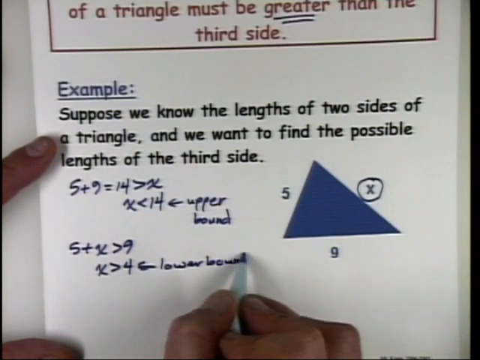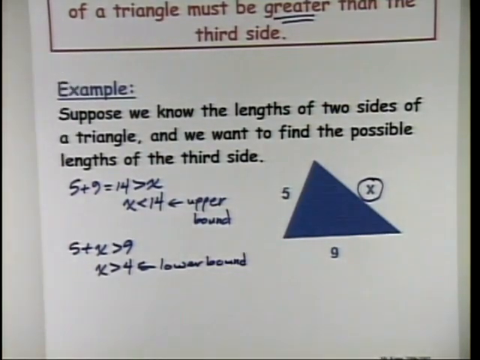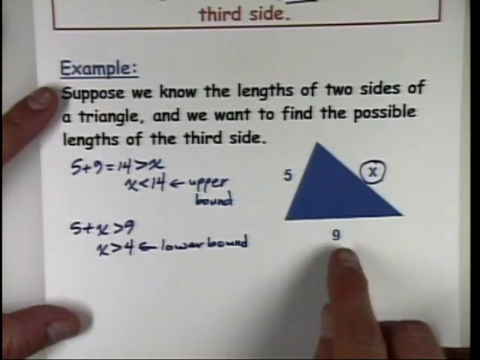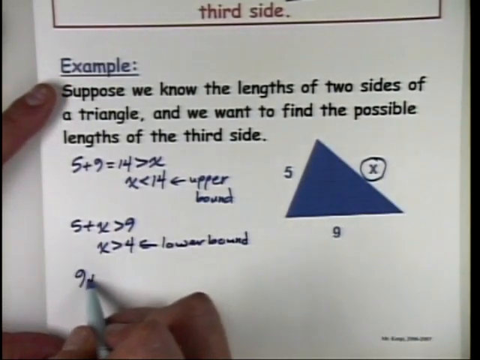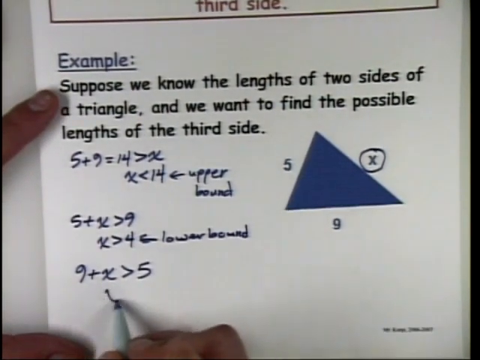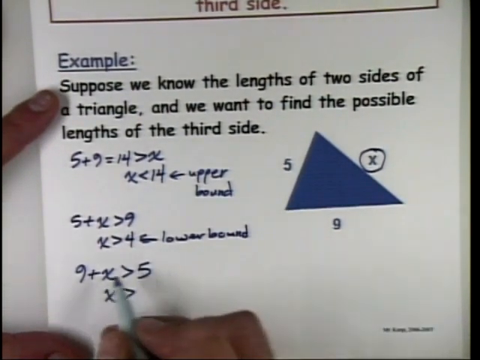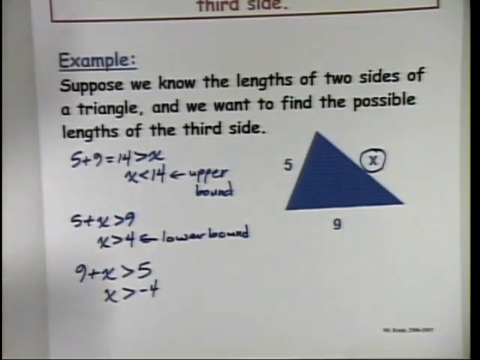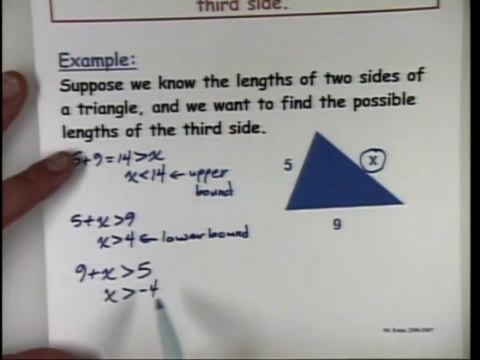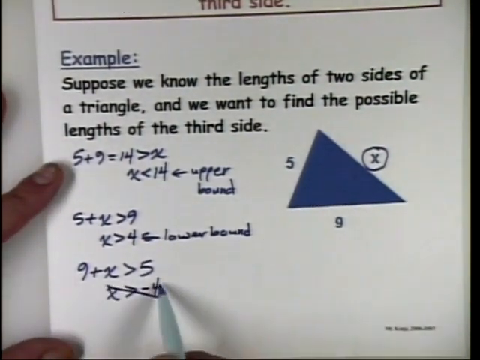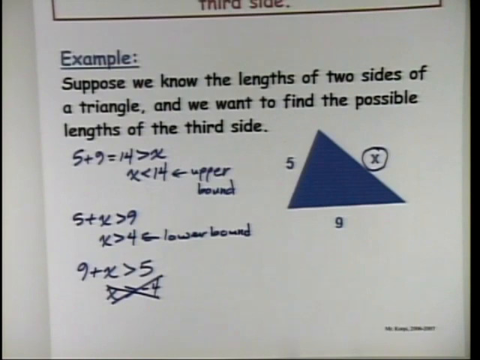That says x has to be strictly bigger than 4. Well, let's look at the other combination before we make a concluding statement here. 9 plus x has to strictly be greater than 5, and subtracting 9 from both sides, I get x has to be greater than 5 minus 9, which is negative 4. Well, that's a no-duh statement because negative sides don't make any sense in a triangle because we're talking about length. So that one doesn't really give us any information.